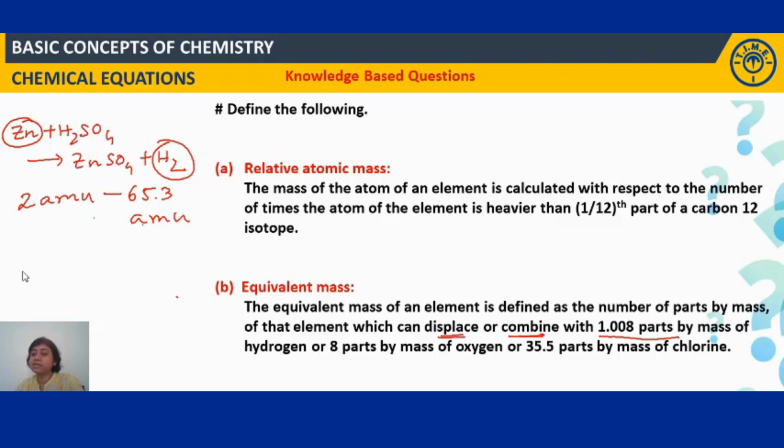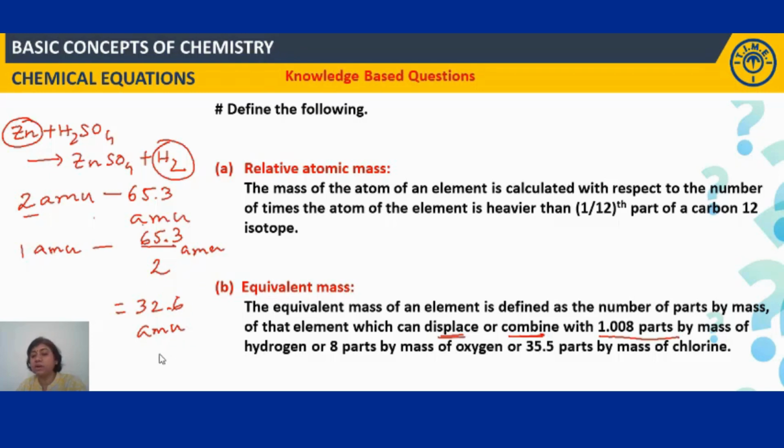The definition says displacement of one part by mass of hydrogen. That means it is 2 AMU, but you have to consider 1 AMU. So 1 AMU of hydrogen is displaced by 65.3 divided by 2 AMU of zinc, that is approximately 32.6 AMU.